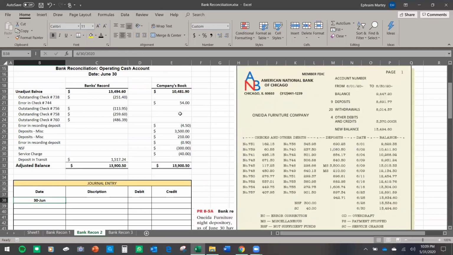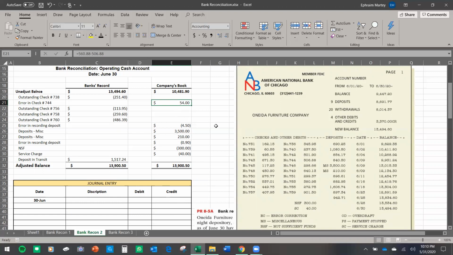That's it. But this 54, what is it for? This is positive, so it's increasing our cash automatically. But which account should we credit? This could mean so many different things. We can assume that we bought inventory and we recorded too much on the inventory, so we have to reduce the inventory.